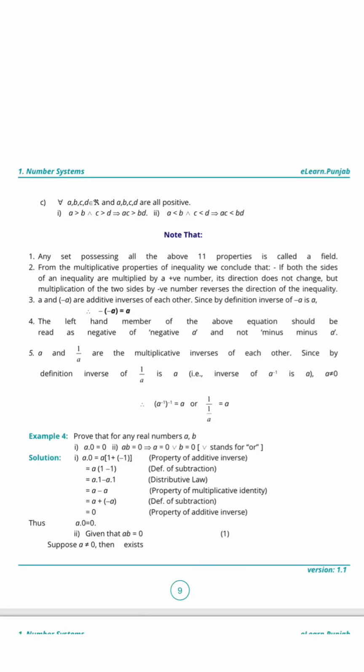Note that any set possessing all the above properties of inequality, that is, all 11 properties, is called a field. From the multiplicative properties of inequality, we conclude that if both sides of an inequality are multiplied by a positive number, meaning we have a left hand side and right hand side not equal to each other and they are multiplied by a positive number, its direction does not change.